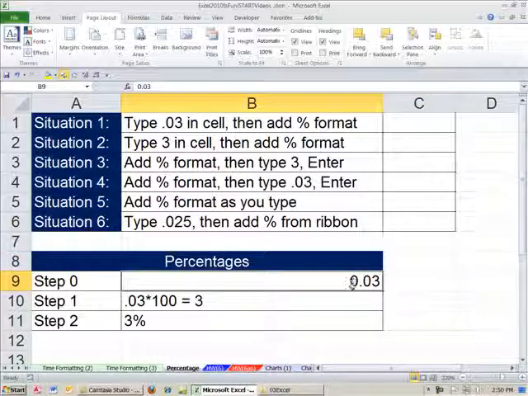Now, the way it usually starts is we have a decimal, and this could be a tax rate, a commission rate, something like that. 0.03 for a tax rate or commission rate means, hey, for every 100 pennies, a dollar, we get 3 pennies. We either pay it in tax or get it in commission, right?